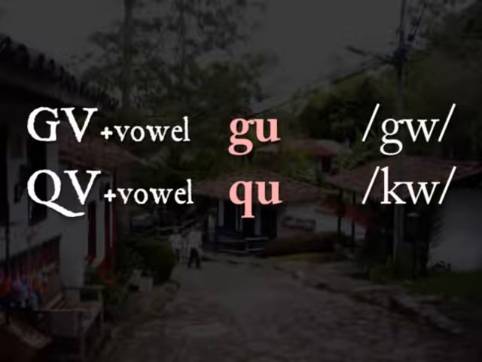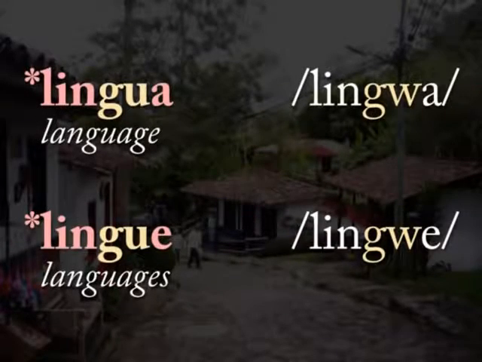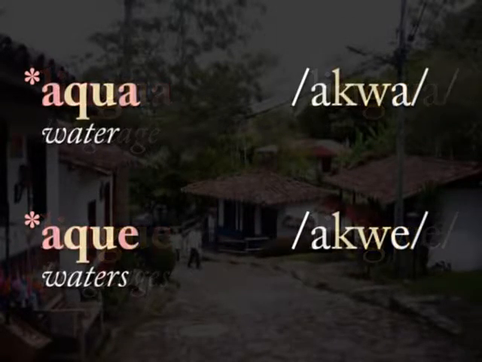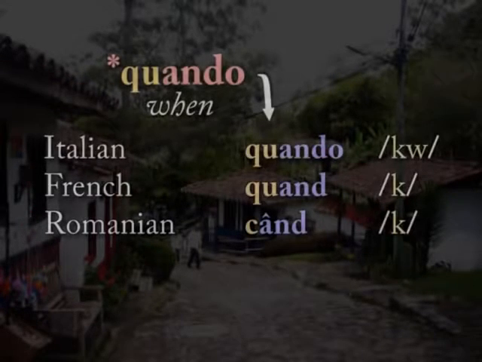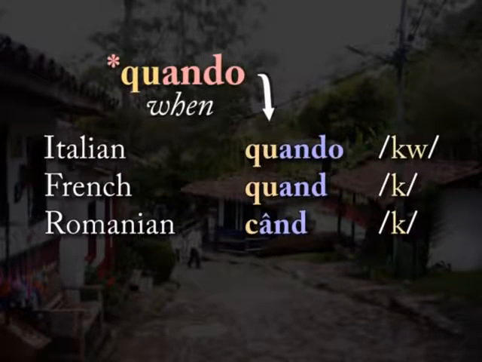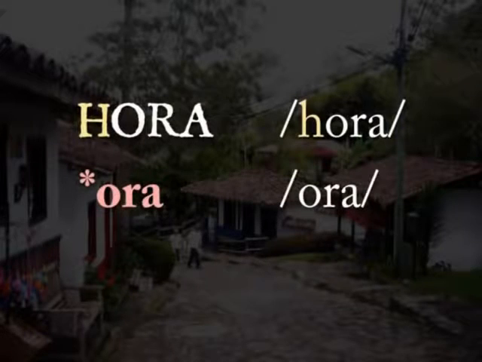The U in gu and qu doesn't fall silent in Vulgar Latin, so lingua and lingue, or aqua and aquae, or quando instead of French quand and Romanian când. Late Latin speakers dropped their H's, so earlier Latin hora became Vulgar Latin ora.